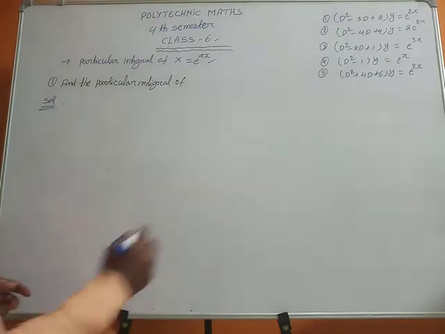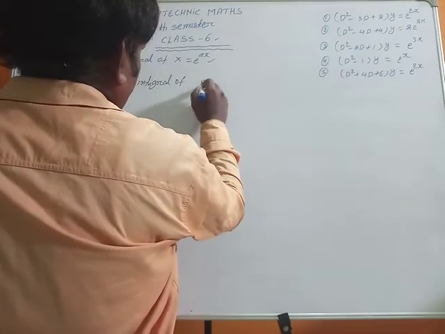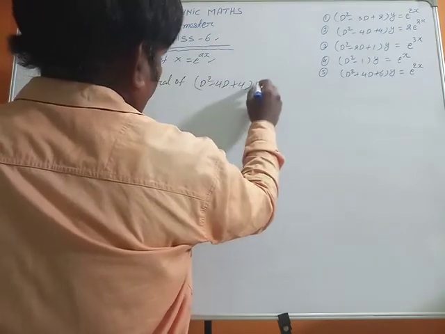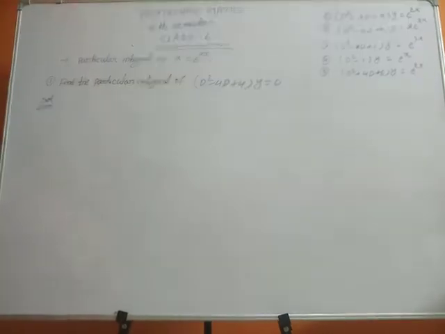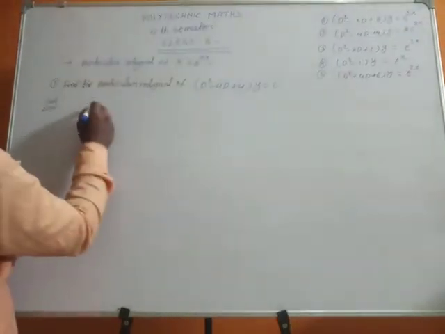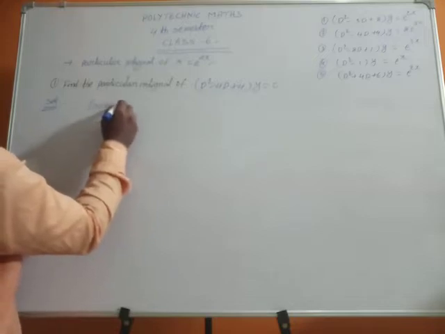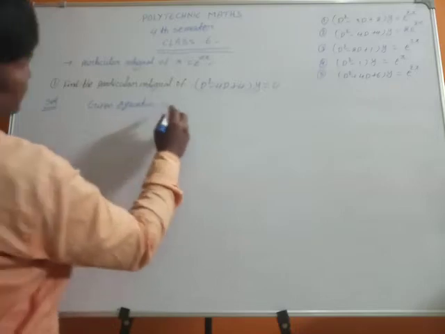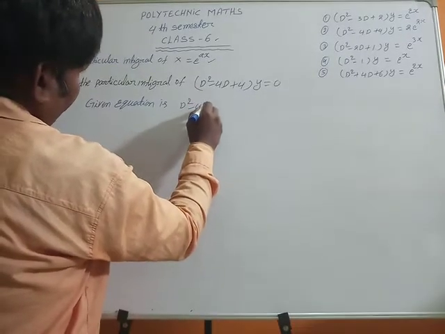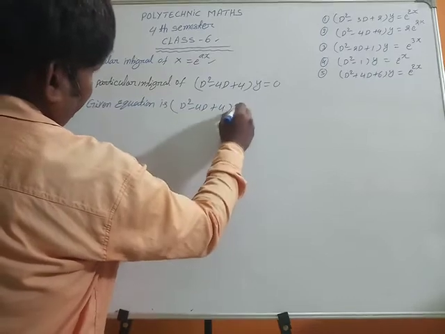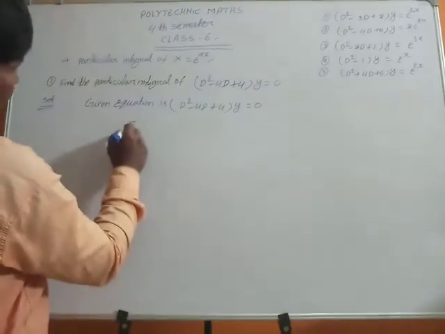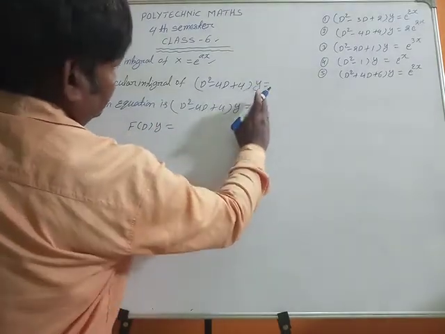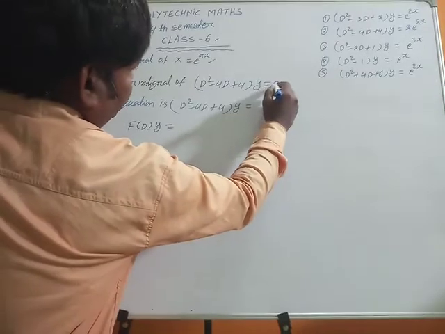That is (D square minus 4D plus 4) into y equal to 0. So what is the given equation here? The given equation is (D square minus 4D plus 4) into y equal to, not equal to 0 here, there is no 0, 2 into e to the power of 2x.